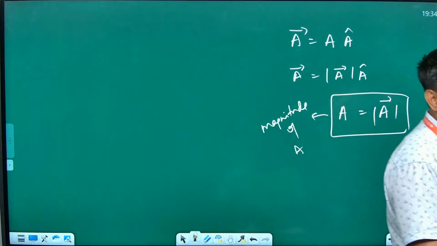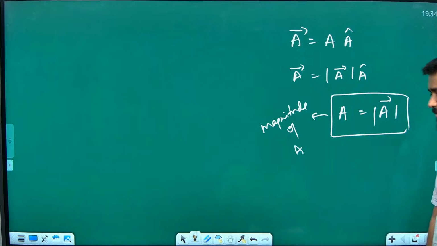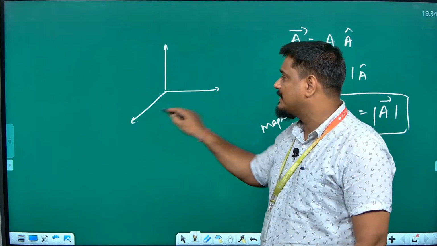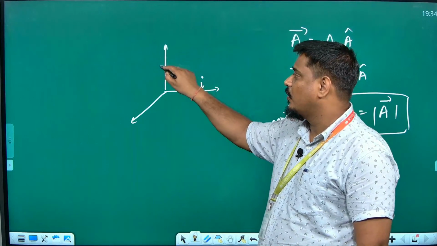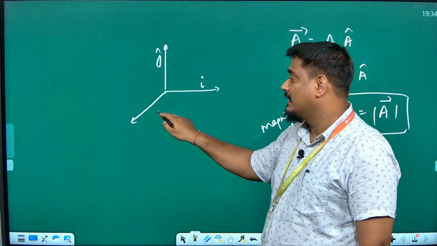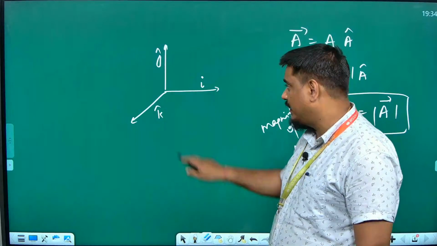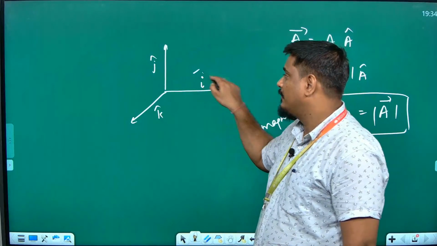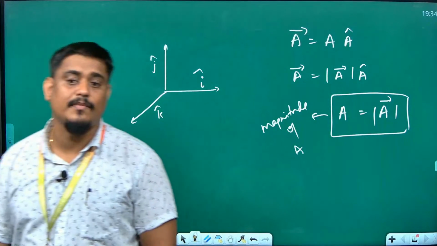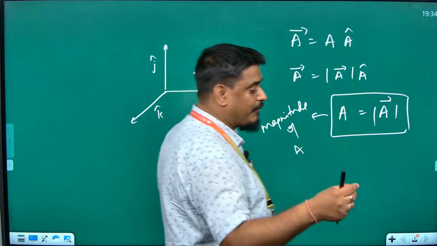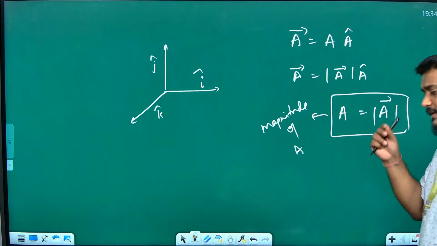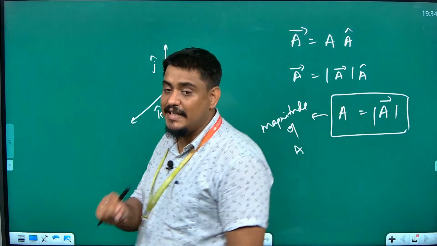And then I told you in the previous class that we have i cap, j cap and k cap to represent the x axis, y axis and z axis of the coordinate axes. So if some quantity is, for example, velocity is 2 i cap meter per second, it means there is a 2 meter per second velocity acting in the x direction.